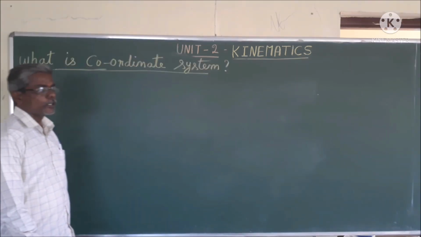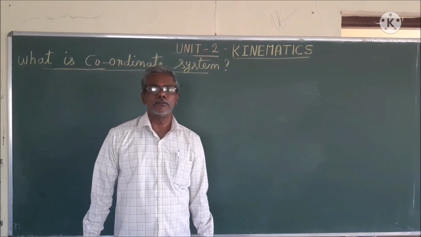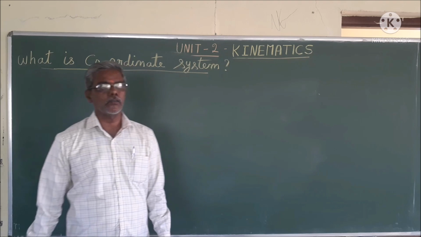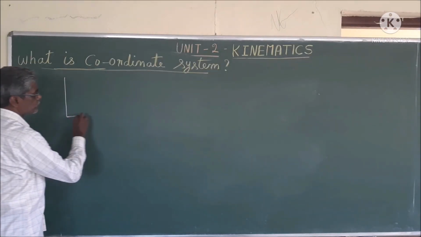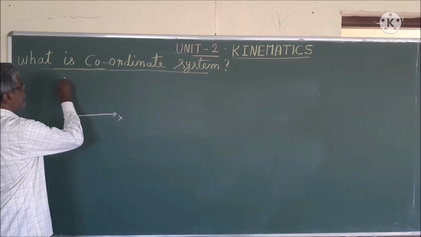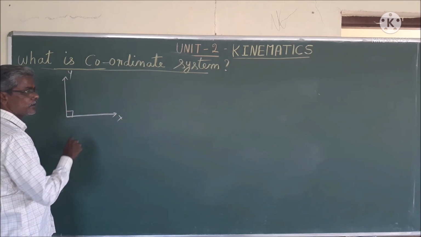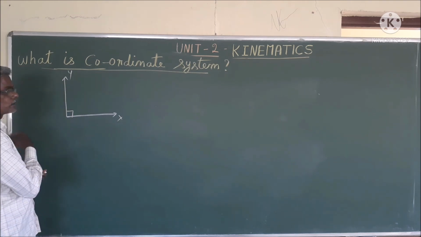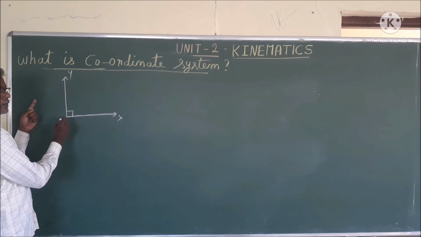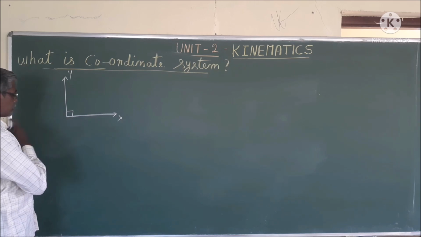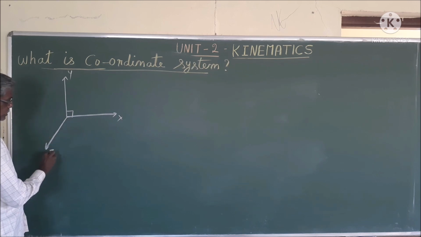What is a coordinate system? This is nothing but three mutually perpendicular axes. Now you see, this is x, this one y. These two are perpendicular to each other. I can't draw the third line like this because it is a two-dimensional figure, so I will draw the line in this direction and let it be z.